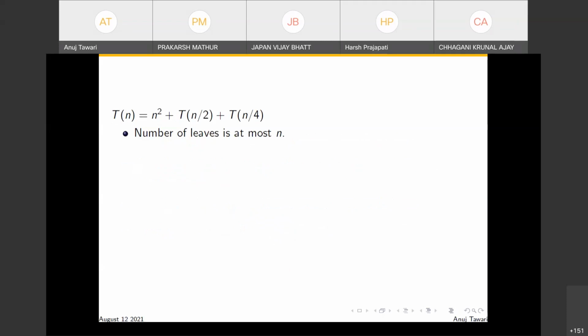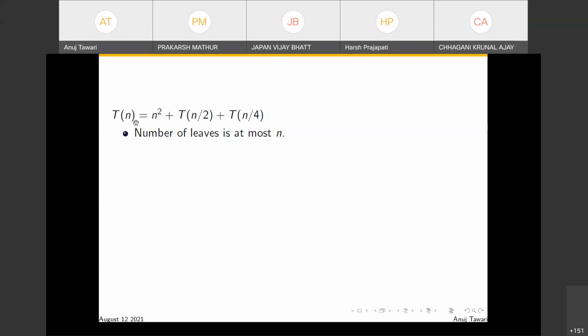So this is another example of a recursion: T(n) equal to n square plus T(n/2) plus T(n/4). Here we'll use another method which is known as the recursion tree method. So corresponding to this equation, we draw some tree. Let's say this tree has at most 10 leaves.